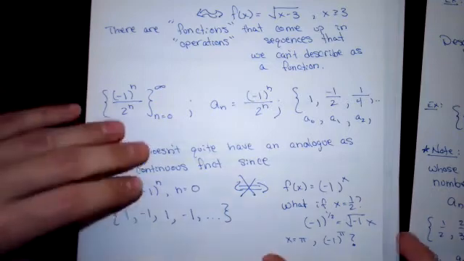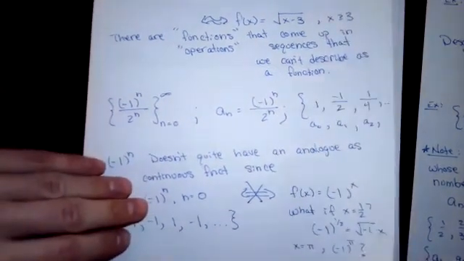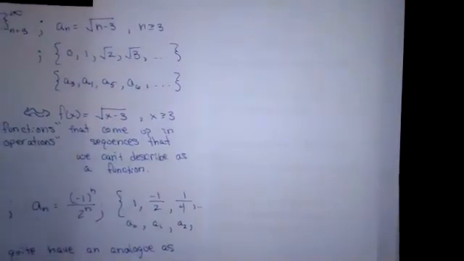The other one I want to talk about that will often come up is factorial. This is another one that's like a new operation, a new function, so to speak, that we can't write as a traditional function on the real numbers.